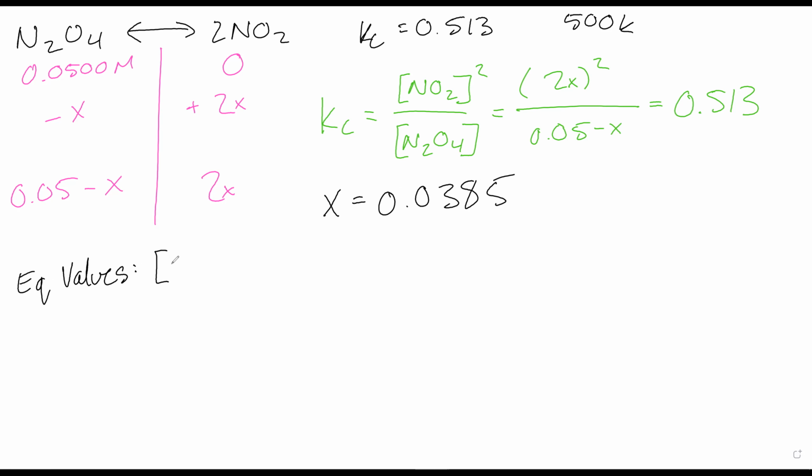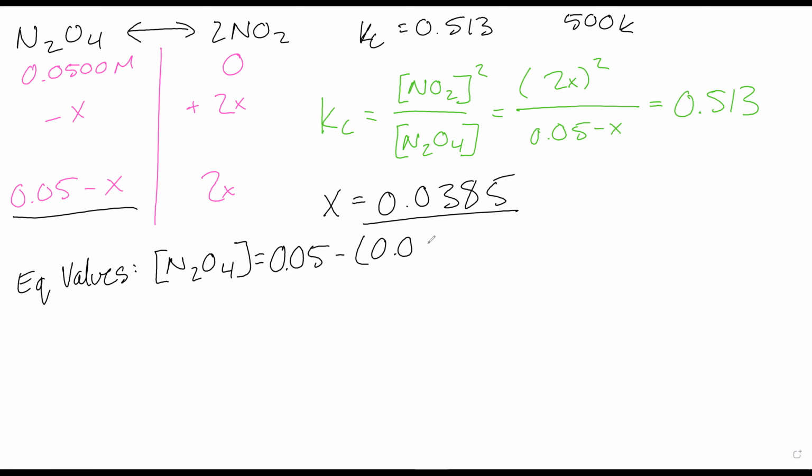Our concentration for N2O4 is going to be this formula, 0.05 minus x, which is there, 0.0385, which equals 0.0115. If you don't want to do all that math.